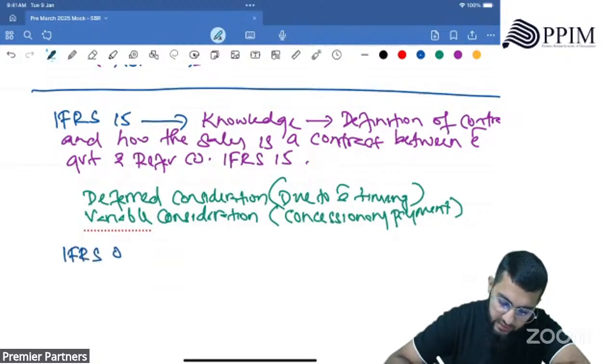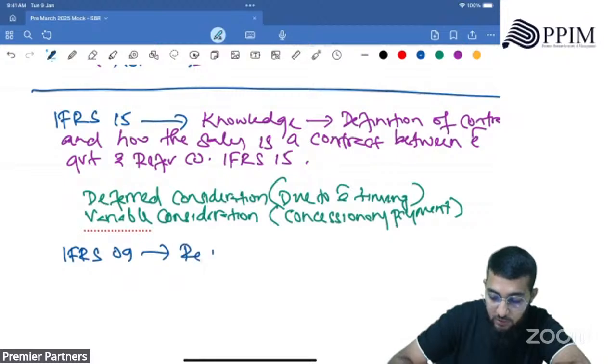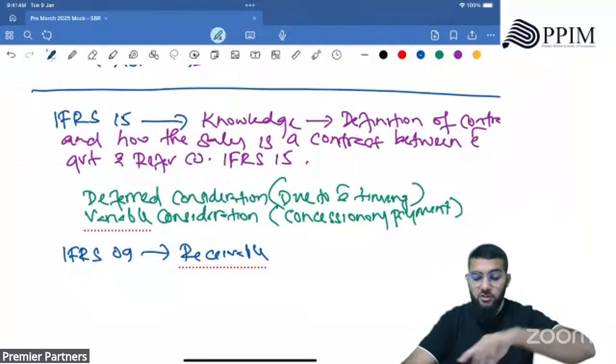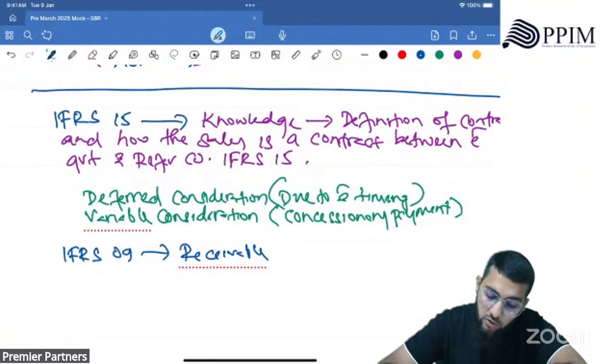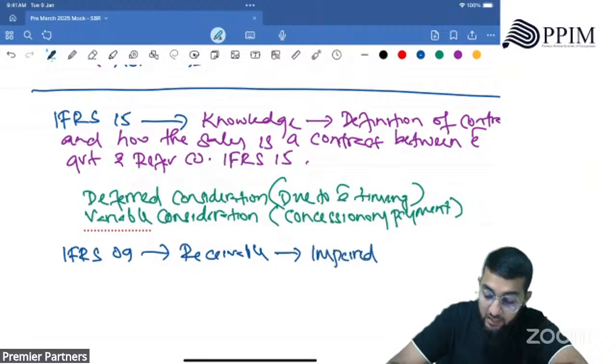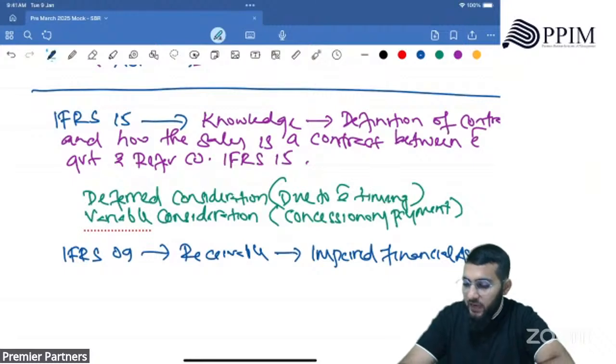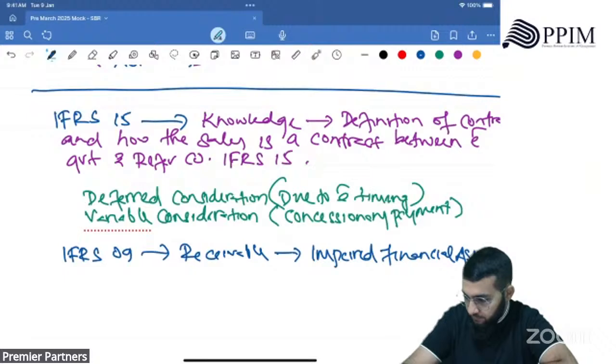So for the IFRS 9 receivable, you have to decide whether you are going to consider the deferred consideration and variable consideration component and recalculate and remeasure things there, or whether you are going to consider it as an impaired financial asset as per IFRS 9.